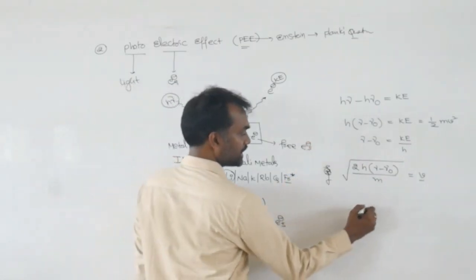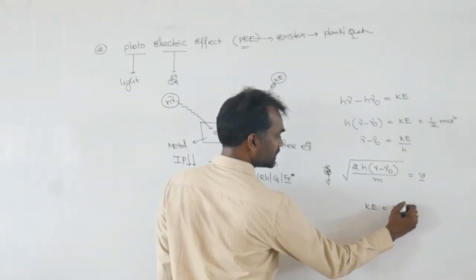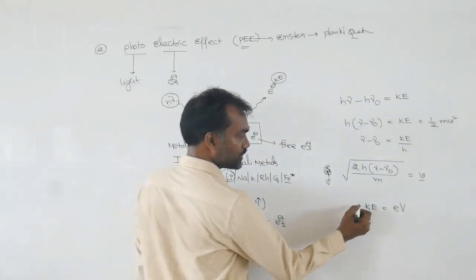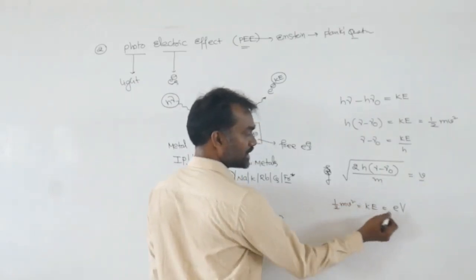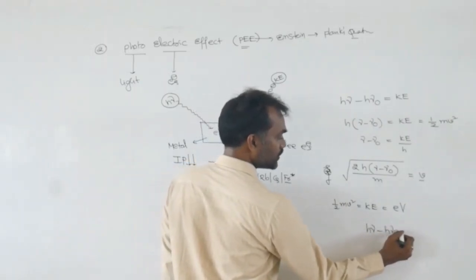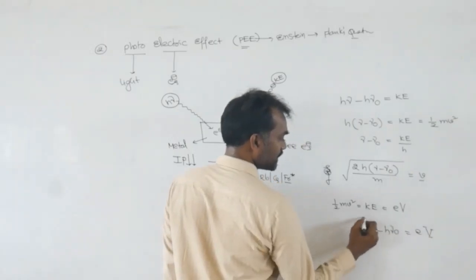Next, kinetic energy is also charge into potential. In the form of potential, this is kinetic energy, so this is also applicable. So h nu minus h nu naught equals E into potential voltage.